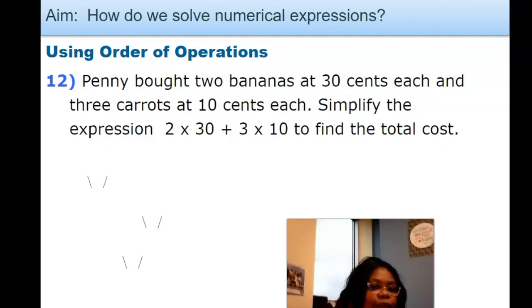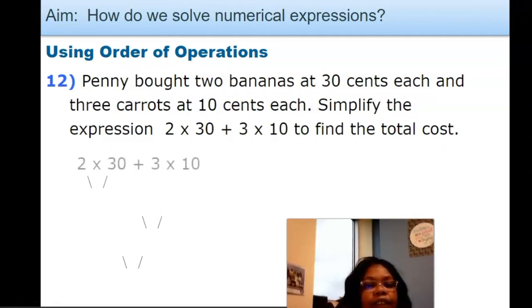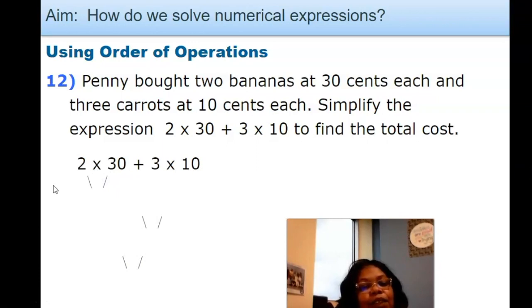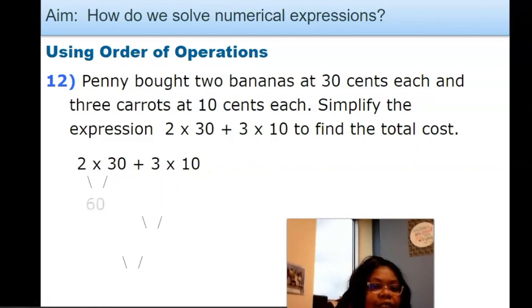So let's go through this one because it's a little bit different. So the first thing we work is 20 times 30. So guys, 20 times 30 is what? Get ready. Good job. 60 is correct. And 3 times 10 is what? Get ready.